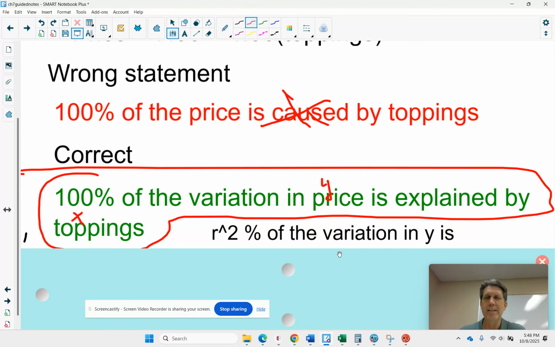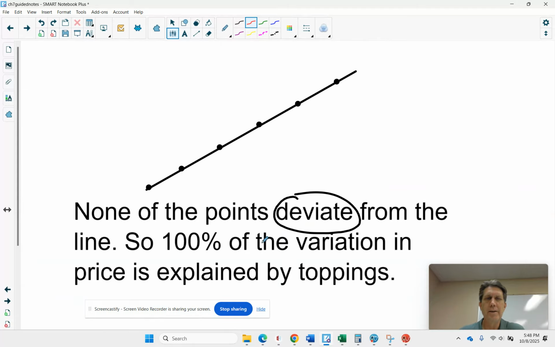It's the variation in y. If we're looking at this line, none of the points deviate or vary from the line. If they were above and below the line, they'd be varying above and below the line. We'd have a different value for r squared. They're all hitting the line, so that's why it's 100%.